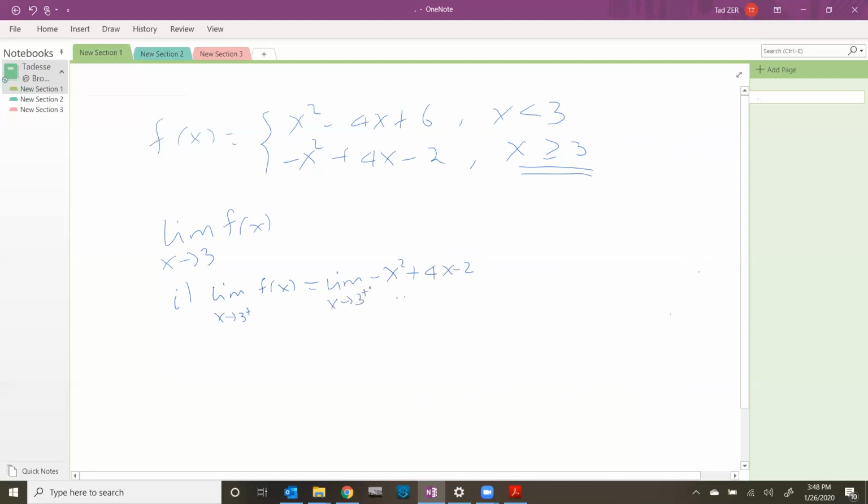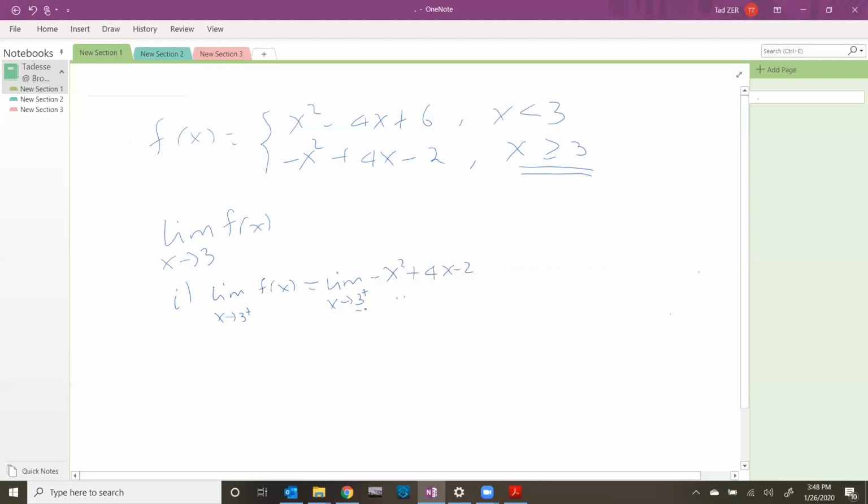Now, this is a polynomial function, in particular a quadratic function. For any polynomial function, limit and value are the same. So finding the limit means finding the value of that polynomial function at the given number.